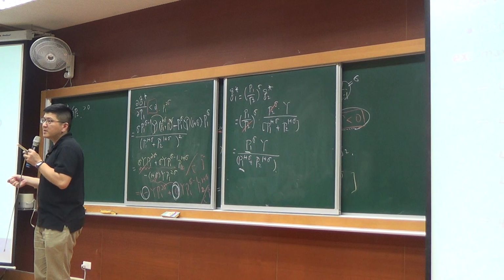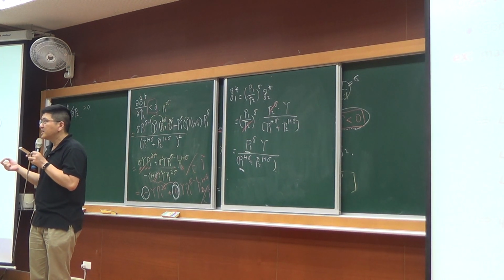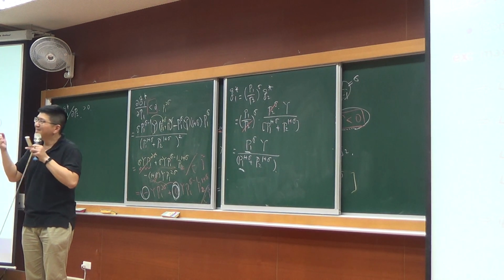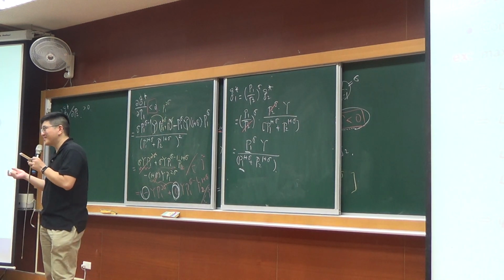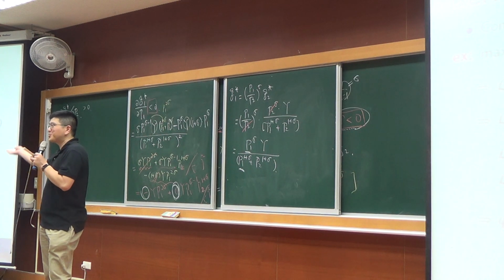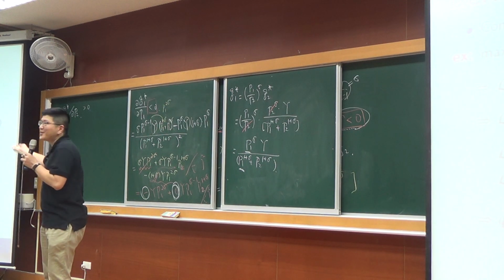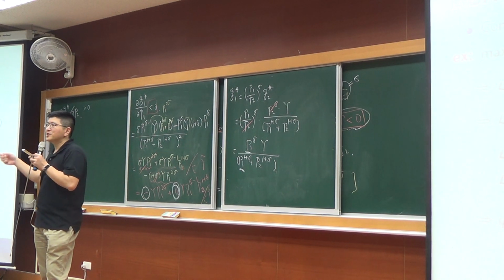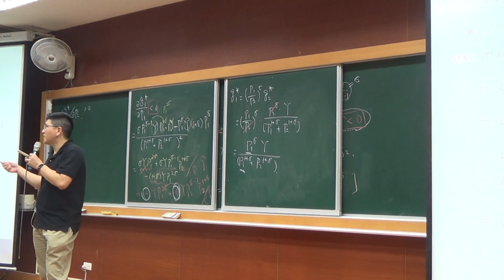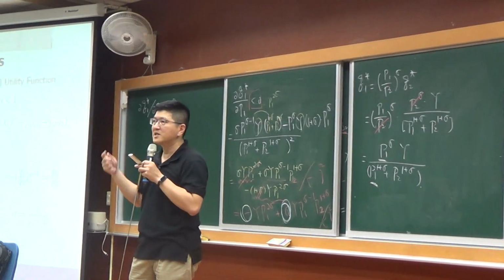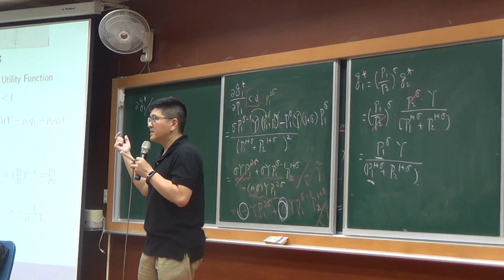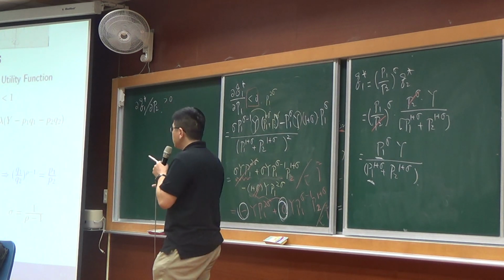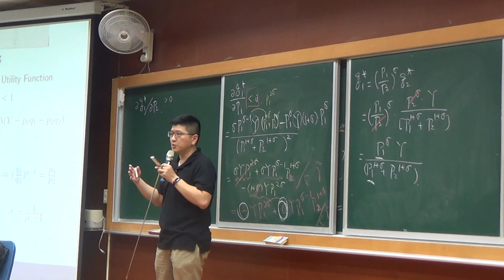If the term is positive, then we would say good 1 and good 2 are substitutes. The higher the price of good 2, the higher the quantity demanded of good 1. So people just switch their choice from good 2 to good 1, right? As P2 becomes more expensive, people will go to good 1.